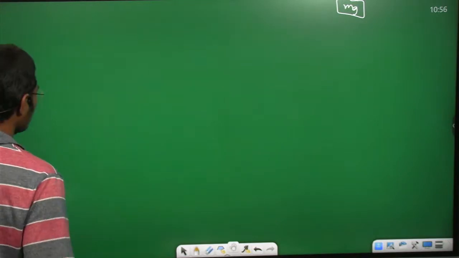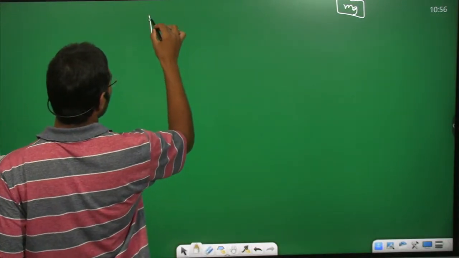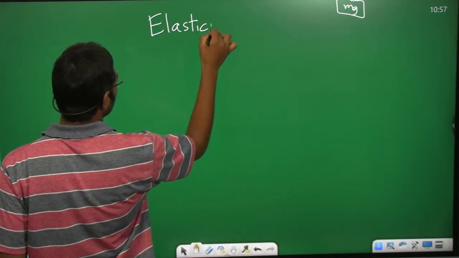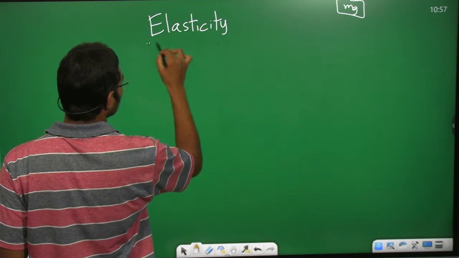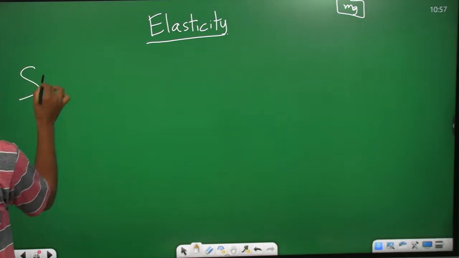Now let us get to elasticity. See, we are now getting into the properties of solids and liquids. Try to write the formulas that you know about elasticity. What is stress?